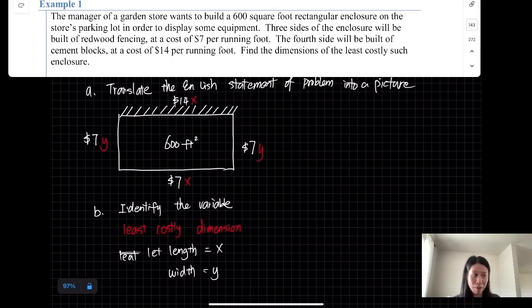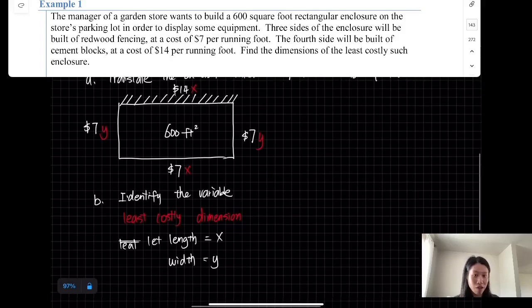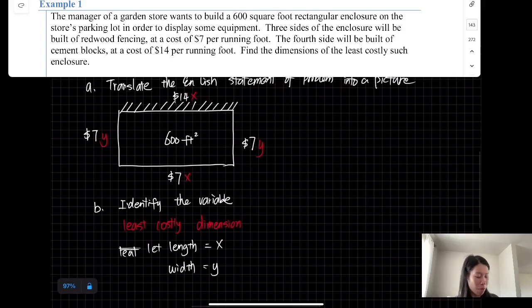Okay, so the next step: now we have two variables, right? It's a little bit hard to solve an optimization problem with two variables. So our next approach should be, how can I convert these two variables into one variable?